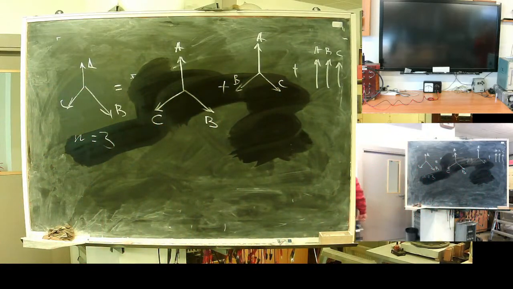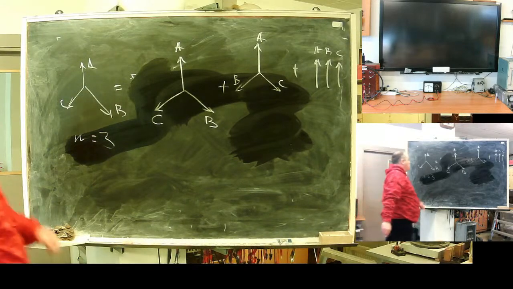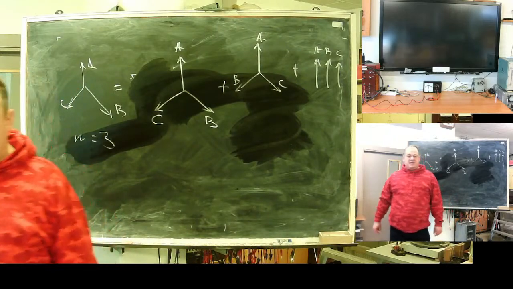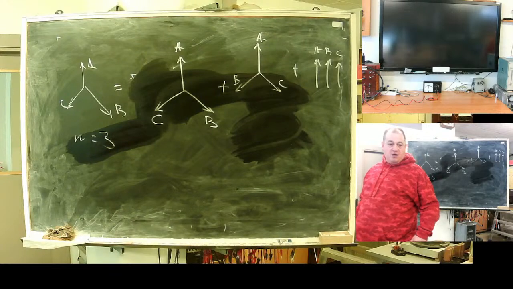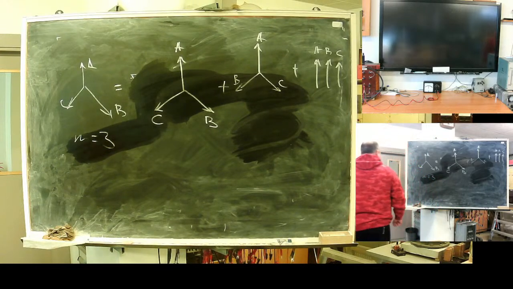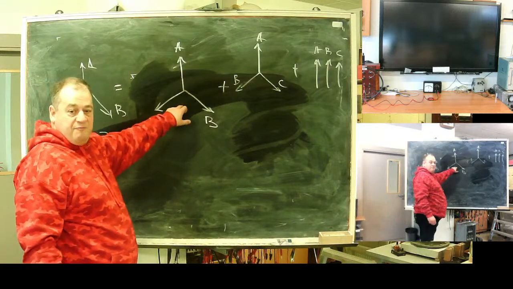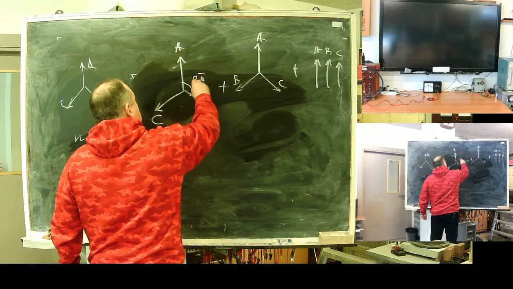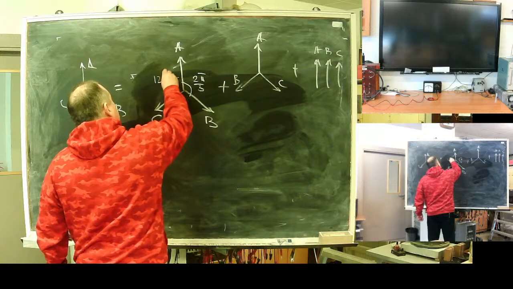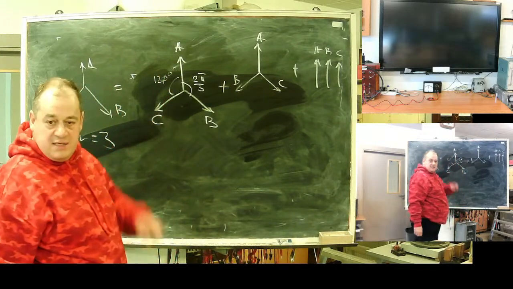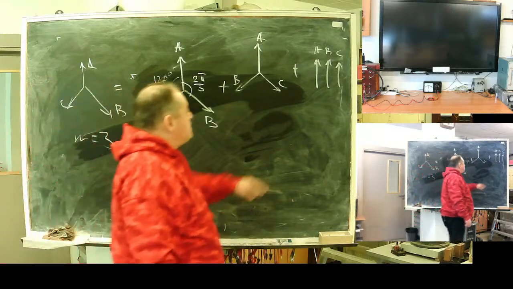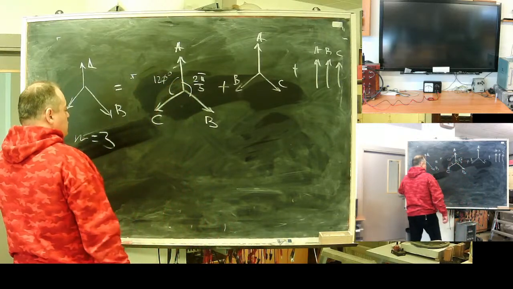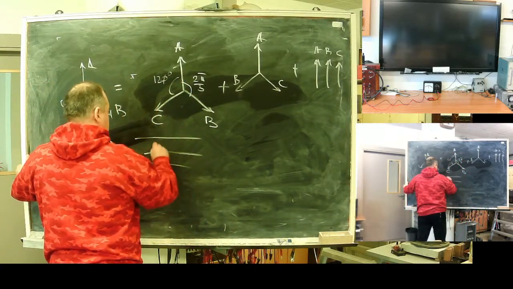This is how it's explained physically. An unsymmetric three-phase system can be considered as a superposition or sum of three-phase systems, where two are symmetrical with angles of 120 degrees, plus one where all vectors are the same.